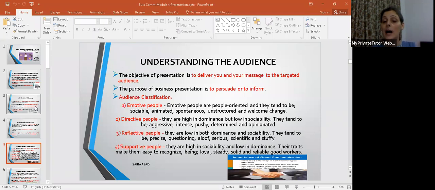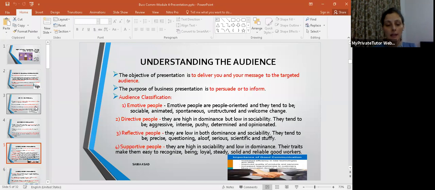Supportive people are high in sociability and low in dominance. Their traits make them easy to recognize: loyal, steady, solid, and reliable good workers. Most of the people fall into this category. They support whatever the decision is. They reach the conclusion with mutual agreement, considering what is good and what is not good for the company.